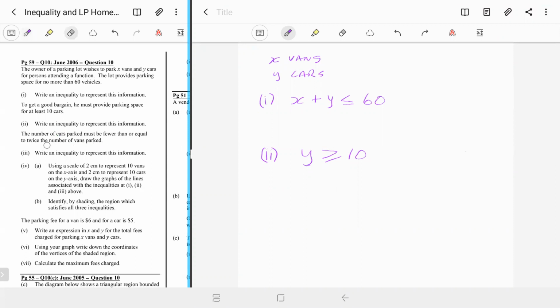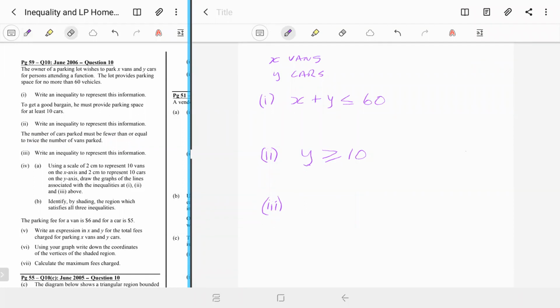They're giving you this inequality straight. The number of cars parked must be fewer than, meaning less than, or equal to twice the number of vans. That one is straightforward. Come on, let me hear what you say.